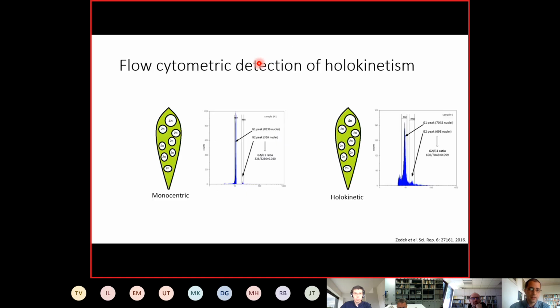To analyze this, we used the flow cytometric method of detection of holokinetism. This method is based on counting diploid and tetraploid cells which are present in plants. The tetraploid cells are usually a result of currently dividing cells in the tissue, and their number is quite low in both monocentric and holokinetic species.